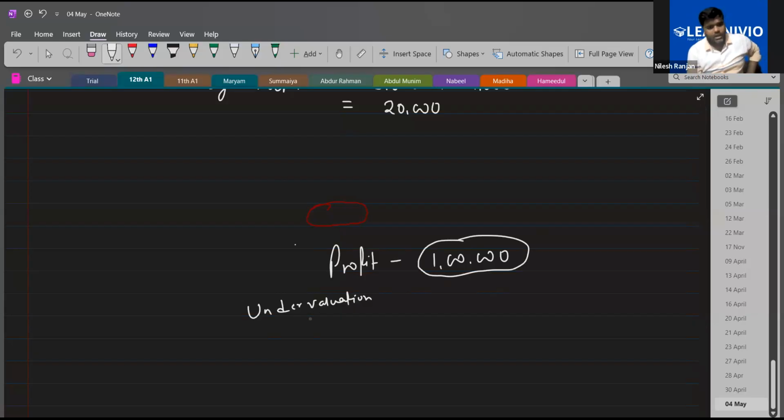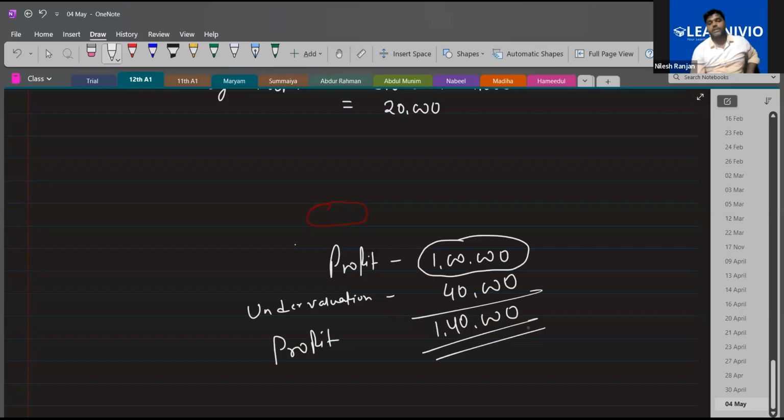Undervaluation of a stock is 40,000. So it is reduced by 40,000. So now it will be added in the profit, and your profit should be this 1,40,000. This is how you will calculate the actual profit, 1,40,000.